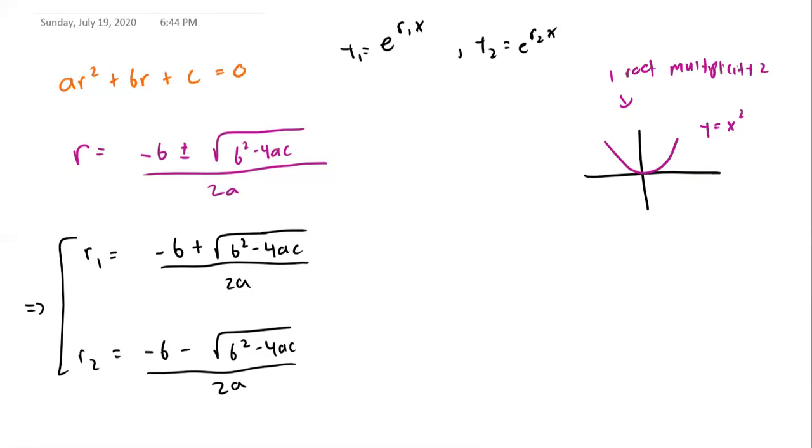Now the other case: what if our function looks something like this? Actually, I shouldn't call it y of x. This is a function of r, so we're working with r as the independent variable. So this is the ry plane. Now what if I have a function like this?